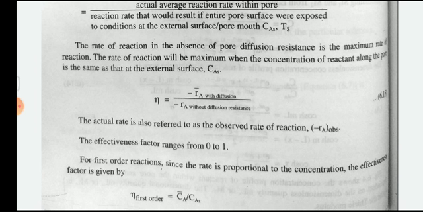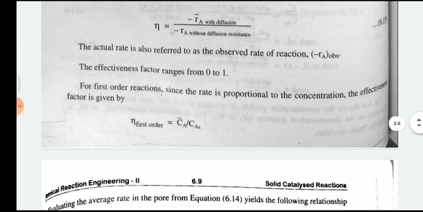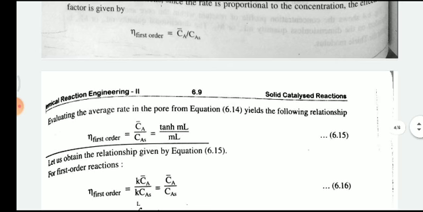The actual rate is also referred to as the observed rate of reaction, that is RA observed. The effectiveness factor ranges from 0 to 1 only. For first order reactions, since the rate is proportional to the concentration, the effectiveness factor is given by Ca bar divided by Cas, evaluating the average rate.